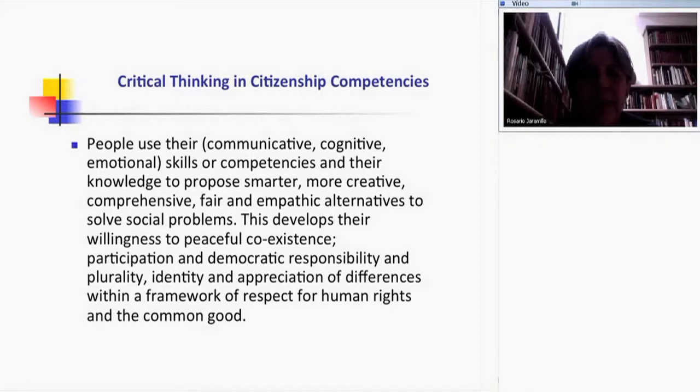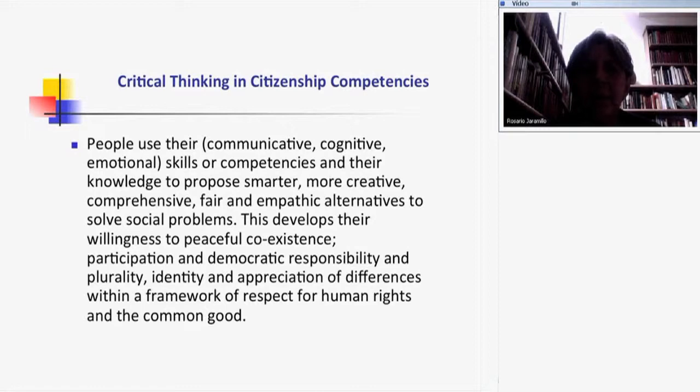One does need to know about government, about norms, about law, about the things that make people move. Psychology is also important knowledge, in order to propose smarter, more creative, comprehensive, fair, and empathic alternatives to solve social problems. This develops their willingness to peaceful coexistence.